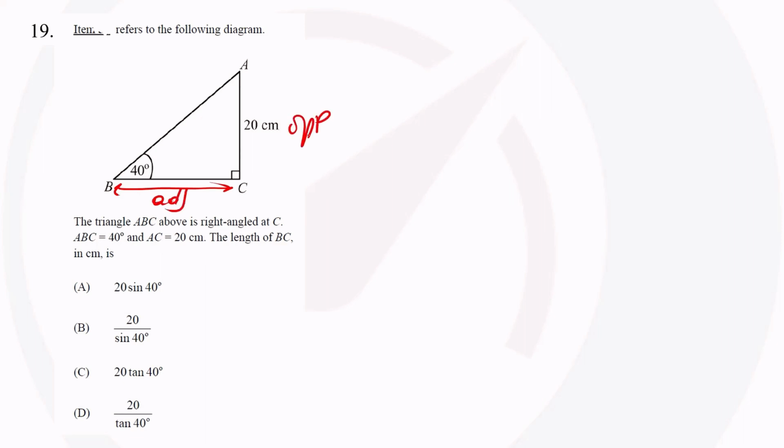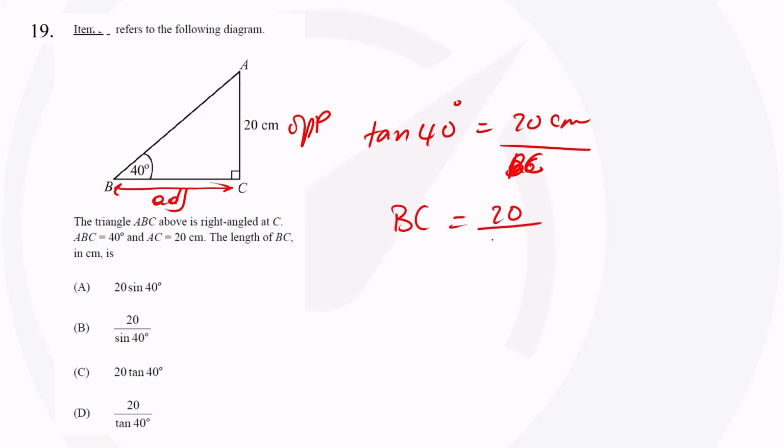Wow, we are tanned out today. So tan 40 is equal to the opposite, 20 centimeters, over the adjacent, which is BC. Therefore, BC is 20 over tan 40.